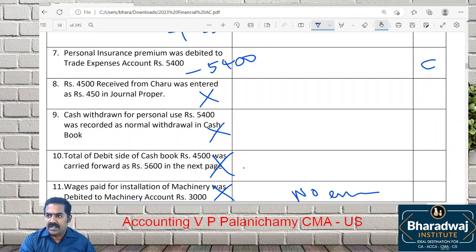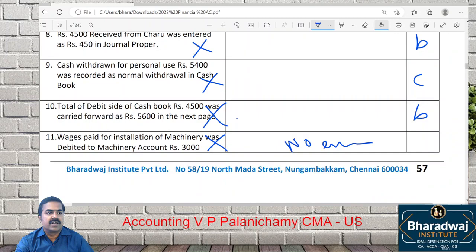Entering a wrong amount is an error of commission. Cash withdrawn for personal use was recorded as which one? Nominal withdrawal. Error of principal. Debit side wrongly carried forward. Entering a wrong amount, wrong side, all those things, error of commission.